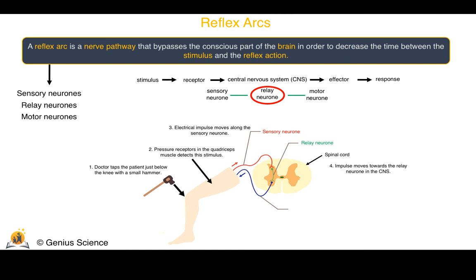Now moving on to step 5, where the impulse then travels along the motor neuron, coloured blue, until it reaches the quadriceps muscle, the effector. And lastly we have the response, step 7, and this is where the quadriceps muscle contracts and the patient's leg moves outwards.